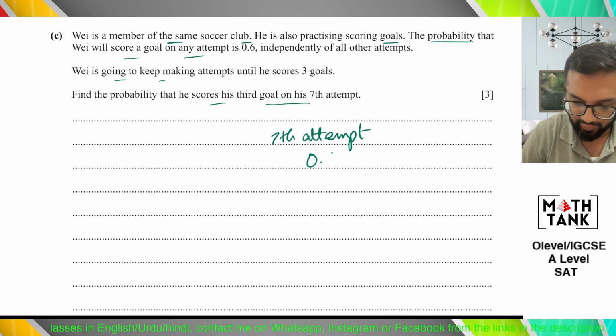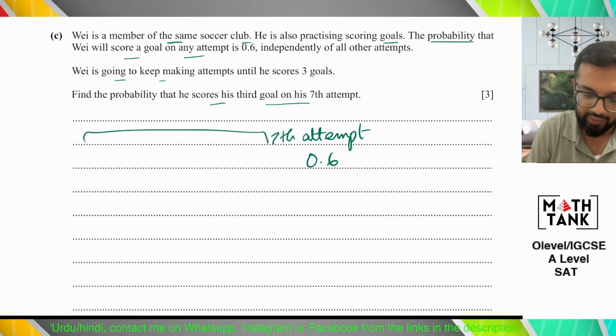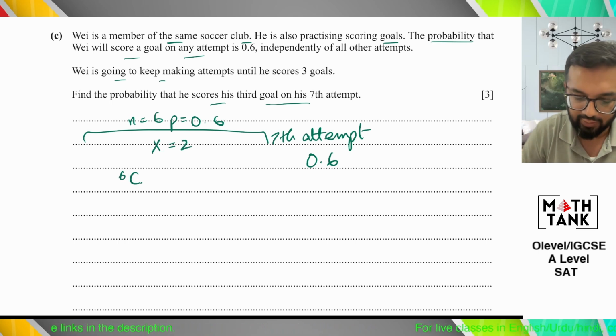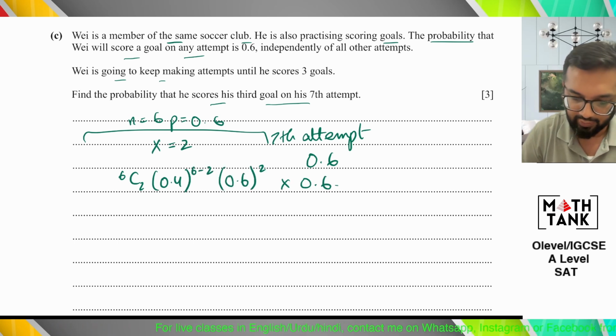That's 0.6. For the first 6 attempts, there's 6 choose something. I know that the probability of scoring a goal is 0.6, and I want 2 successes. So I'm going to say 6C2, 0.4 to the power 6 minus 2, 0.6 to the power 2, and times 0.6 at the end.